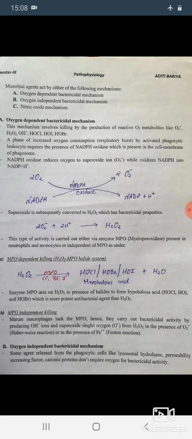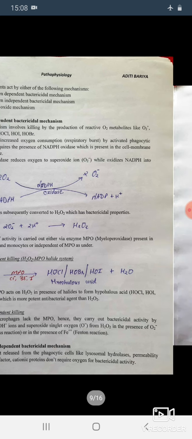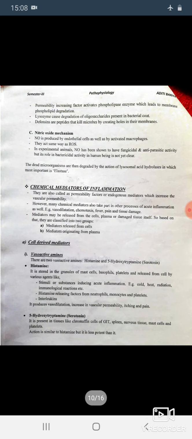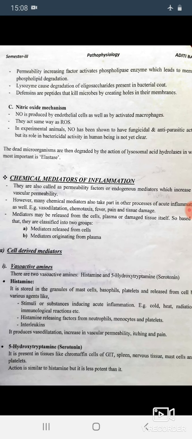Some agents released from the phagocytic cells like lysosomal hydrolases, permeability increasing factor, and cationic proteins do not require oxygen for their bactericidal activity. Now what do they do?